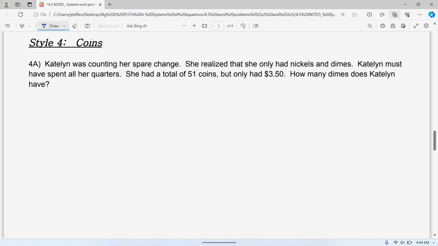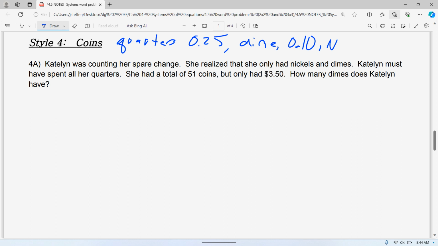All right, the next style. Now with coins, I should start out by saying, quarters are 25 cents. And you can write this somewhere else if you have more space. I just don't. Quarters are 25 cents. Dimes are 10 cents, so $0.10.